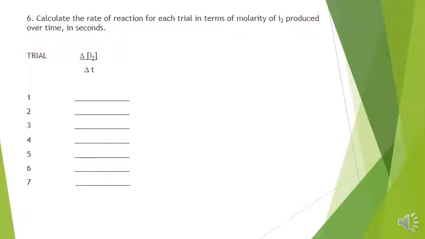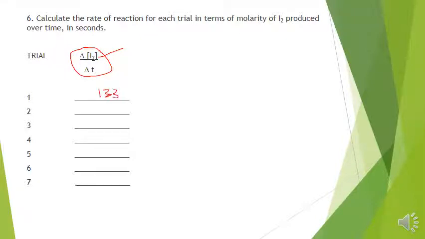Next, you're going to figure out the change of I2 per time. We're going to take the amount of I2 that we found in the previous slide, and divide it by the time of each one of the trials. The first one was 133.